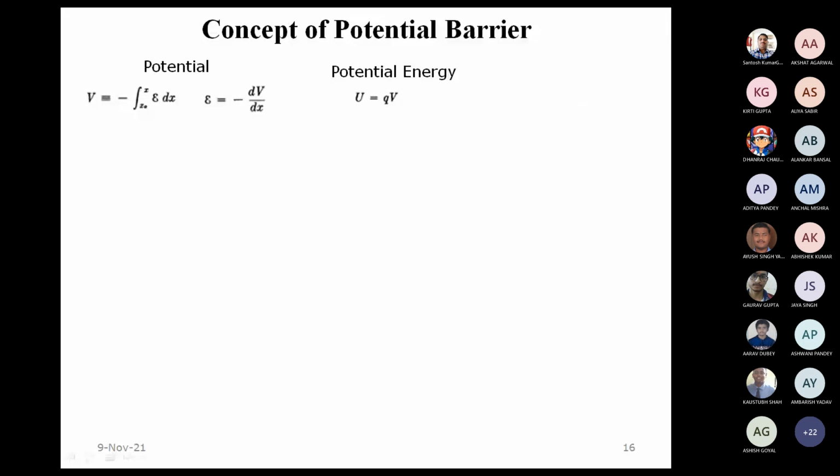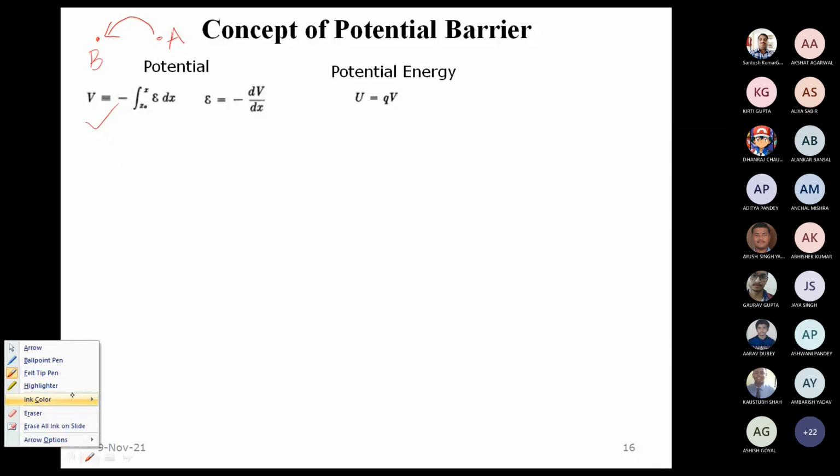Potential is defined by this equation here. In general, suppose we have some charged particle at some location, say location A here, and we want to move it to location B, and say there is some field.